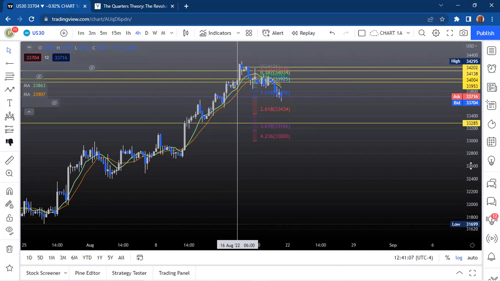For the New York session. Whenever you turn that channel on, the bottom right-hand side will show you the movement of the Dow 30. So when the Dow 30 is green and it says the Dow's up, US 30 is going to be up. When it shows red, the Dow is down, and US 30 is going to be down.